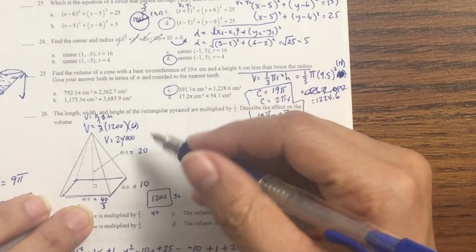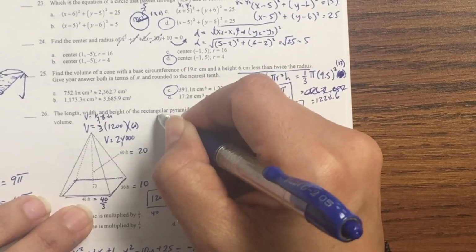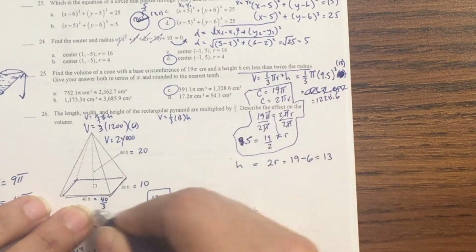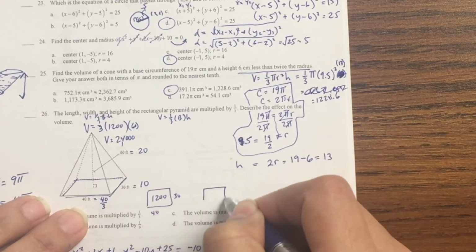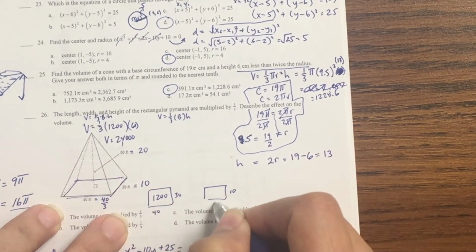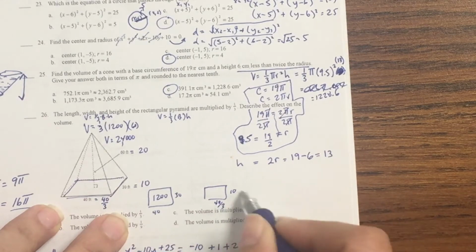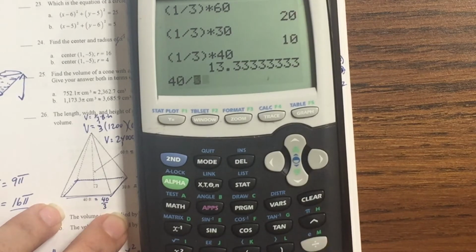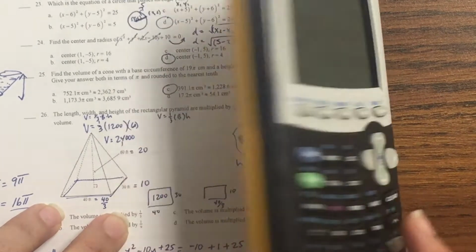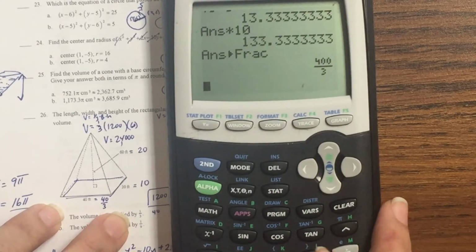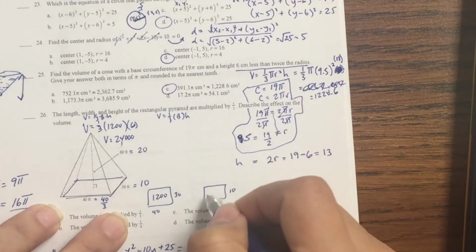Now find the new volume. So the volume is 1/3 the area of the base times the height. Now the base has changed: 30 is now 10, and this is now 40 over 3. So multiply those two together. 40 divided by 3 times 10. And math, enter, will give you the fraction, 400 over 3.